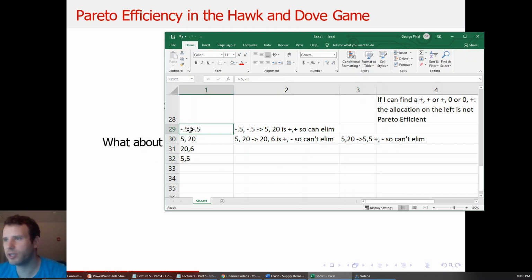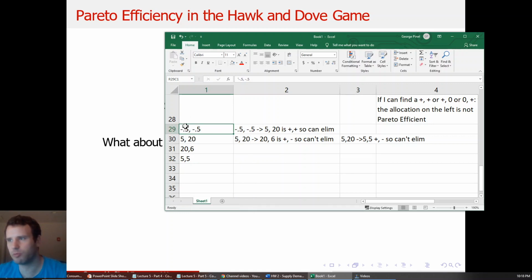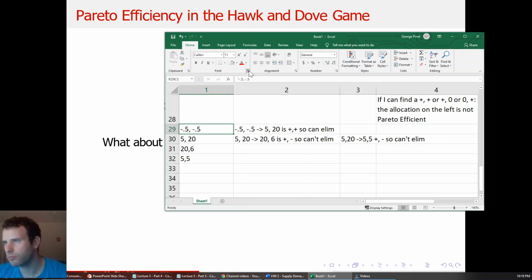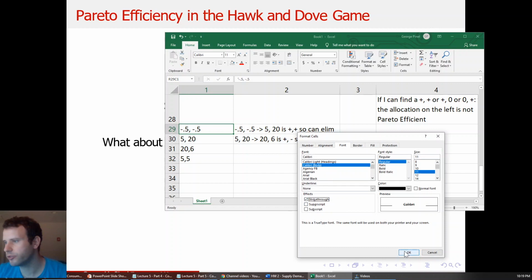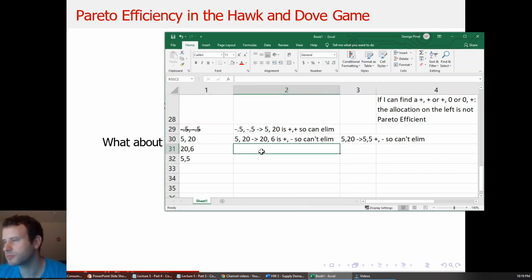And then we can already, so once you eliminate something, once you know that it's not Pareto efficient, you don't have to consider that one anymore. So I'm going to cross this bad boy right out, strike through, so we don't even have to worry about it. Okay. And then we could do it. So we've done both of these guys. We compared this one to this one and this one.